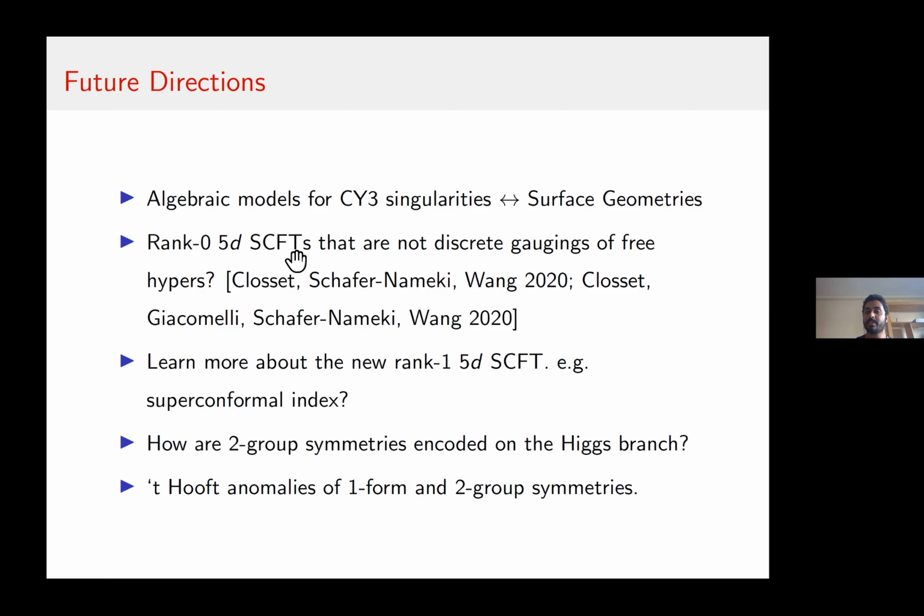I don't know how to argue that. But it would be interesting because of that reason. If there exist such 5-dimensional theories, you can hope that in 4 dimensions there would also exist such theories, and try to understand them by circle compactifications of these 5D theories.